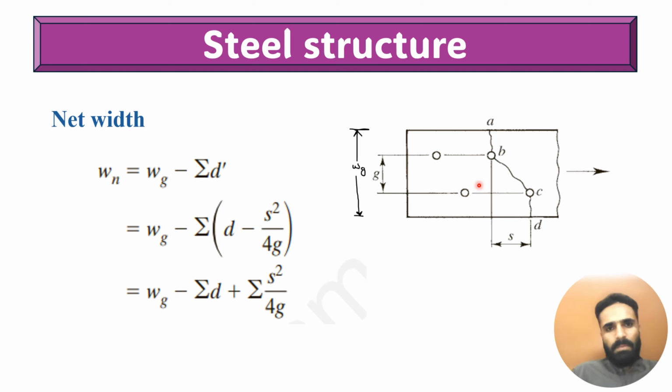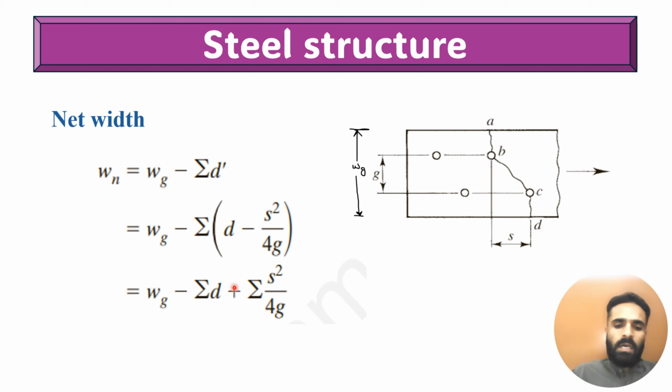Here for this example, how many bolts or holes occur in the failure path? 2. So instead of the summation we use 2 times the diameter of bolts, plus summation s squared divided by 4g. In this summation, the count represents the number of inclined lines. Here there is only one inclined line.